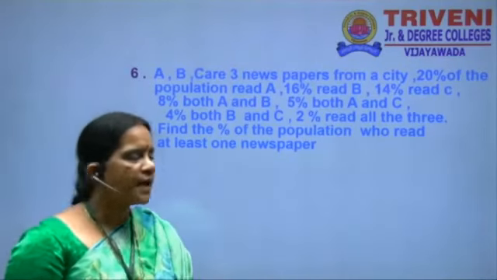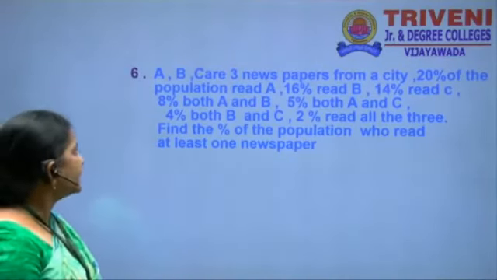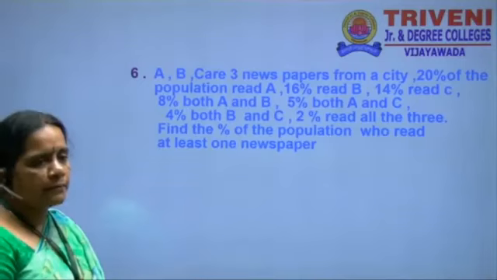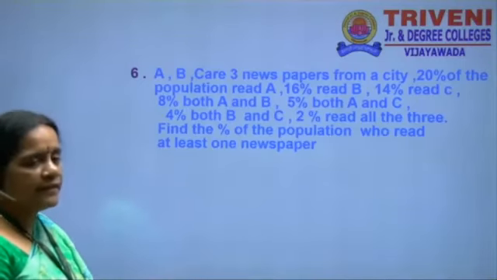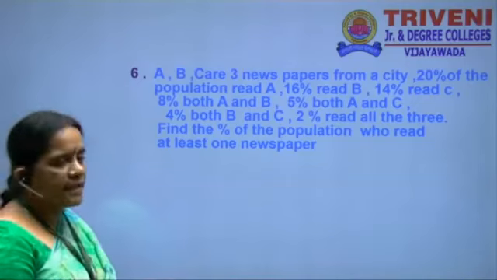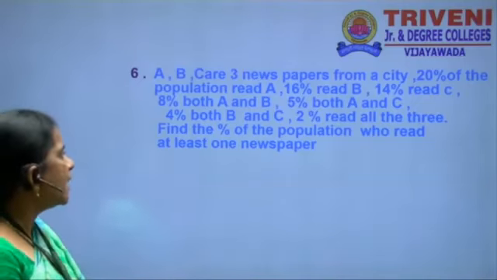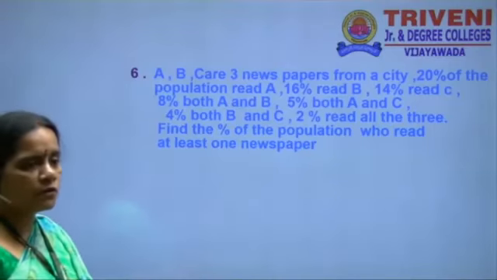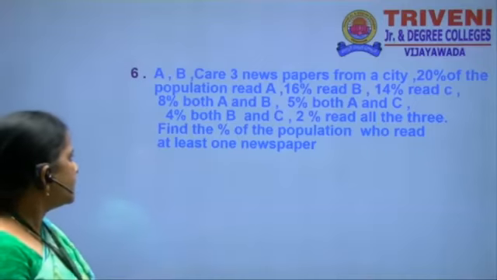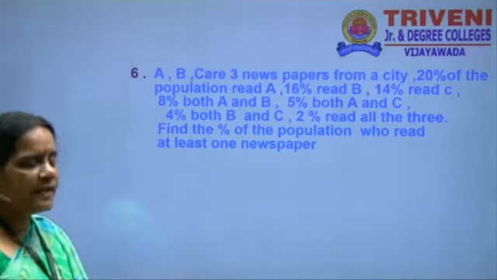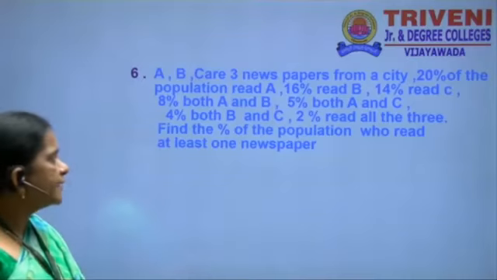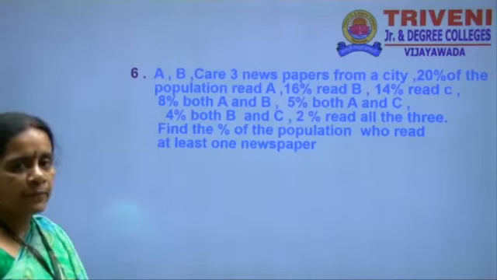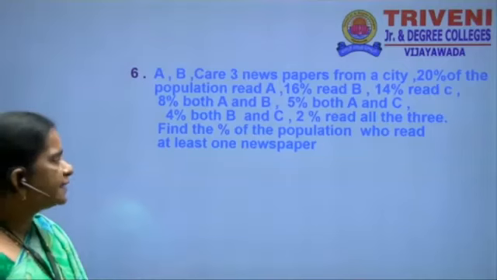Here three newspapers are there. In a city, 20% of the population read A, 16% read B, 14% read C, and 8% read both A and B. Here they have given A intersection B. And 5% read both A and C, that means A intersection C is equal to 5%, and 4% read both B and C, so B intersection C is equal to 4%. 2% read all three newspapers, that is A intersection B intersection C is equal to 2%.